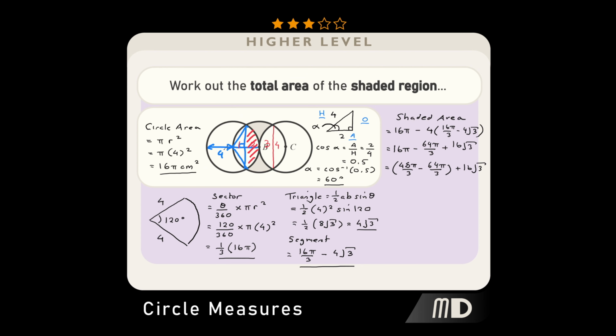And finally, by collecting the pi terms, we get 16 root 3 minus 16 thirds of pi, which gives us the final answer 16 root 3 minus 16 thirds of pi centimeters squared.